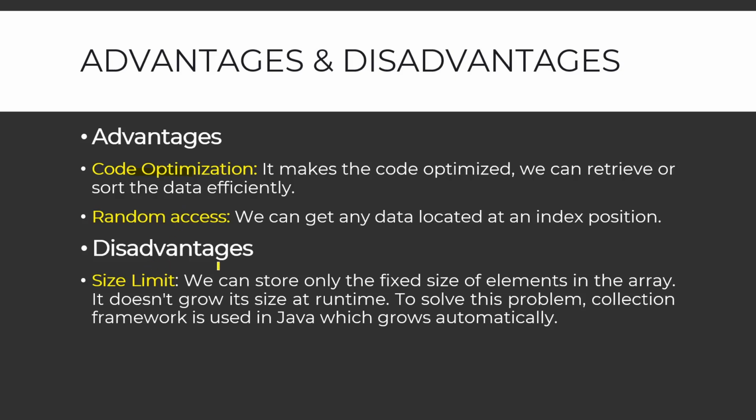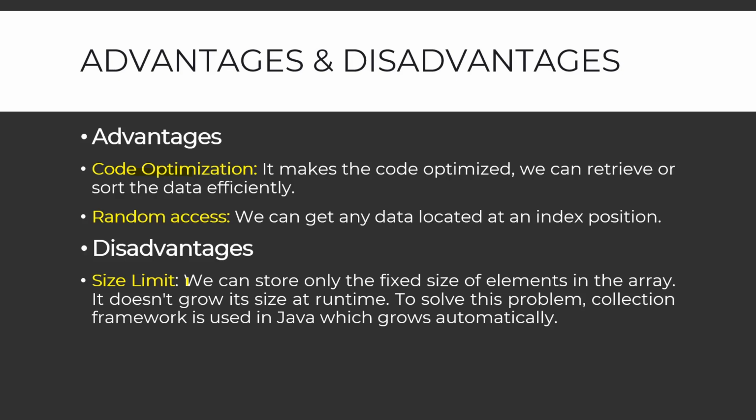Next is a disadvantage. It is the size limit. An array always has the disadvantage of a fixed size. Whenever you fix your array size for any number of elements, we cannot grow it or dynamically resize it in Java. In C, it is possible using malloc and realloc functions, but in Java we don't have any such option.